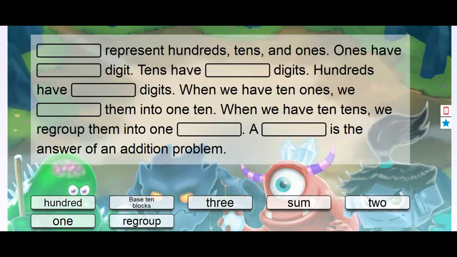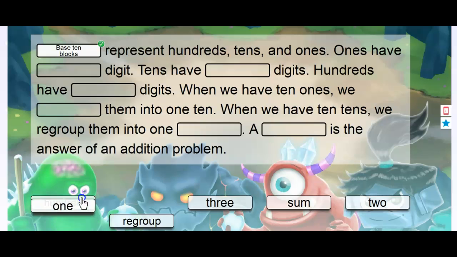Can you help me fill in the blanks? Blank represents hundreds, tens, and ones. That's right. Base 10 blocks represent hundreds, tens, and ones. Ones have blank digit.